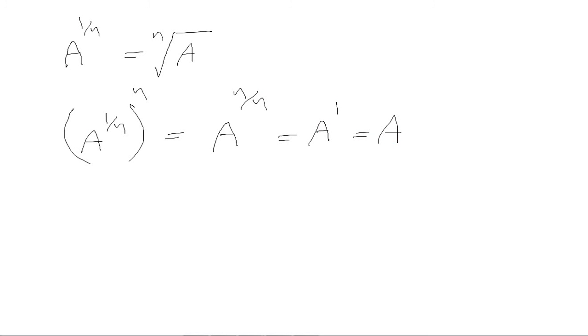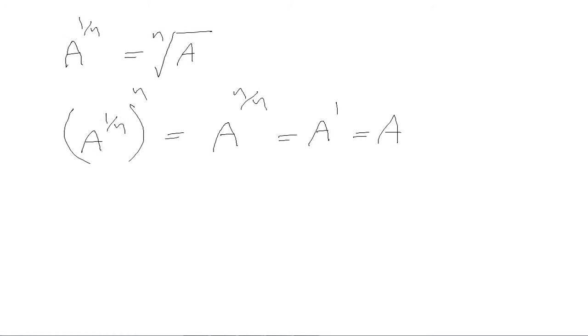So you can see that a to the power of 1 over n is the nth root of a, because if I raise that to the power of n, I get a. So don't forget that these two are the same concept. Both of them represent the nth root of a.